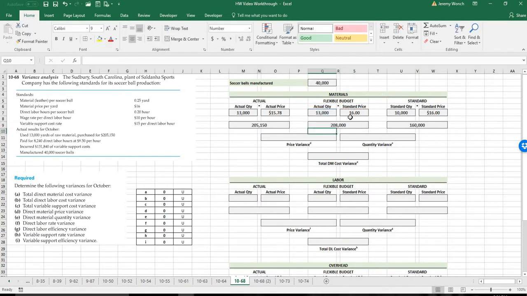What that's saying is, if we would have budgeted based on the 13,000 that we actually used, what's the variance going to be? Why that's important is that it gives us our price variance and our quantity variance.